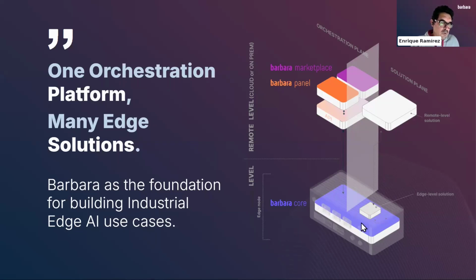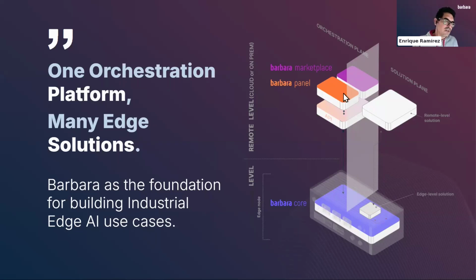Check this plane we have here, because this plane separates what we call the orchestration plane from the solution plane. Barbara lives on the orchestration plane. What does it mean? That in Barbara Panel you will see data about your devices, their status, their health, the applications running there, the logs, and the configuration of those applications, but you will never see any user related data.